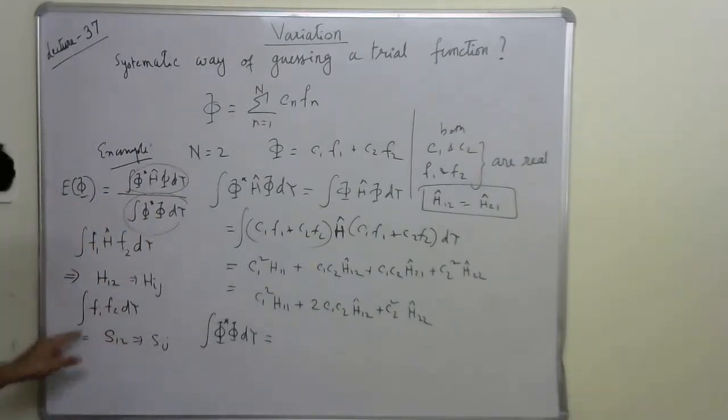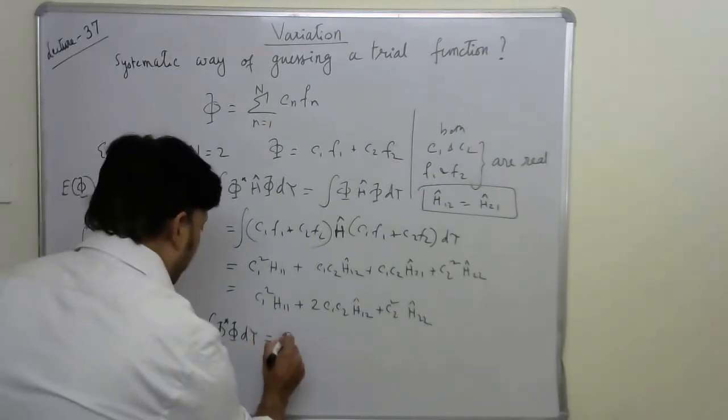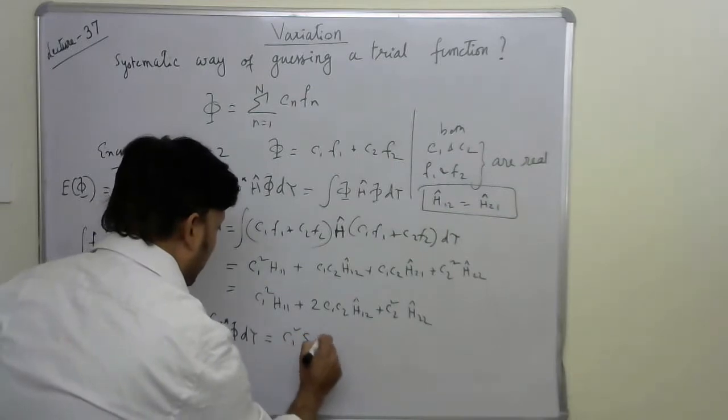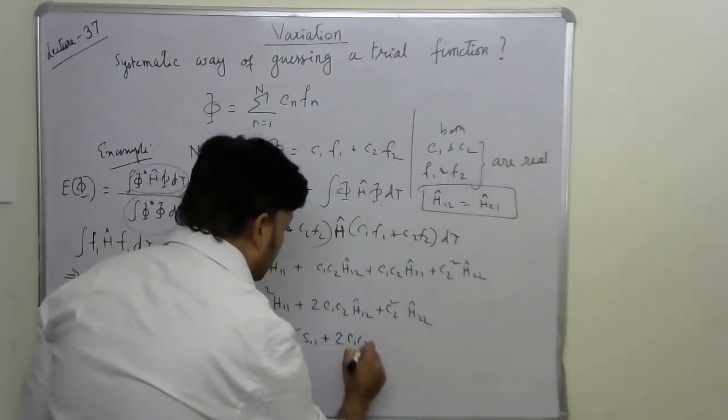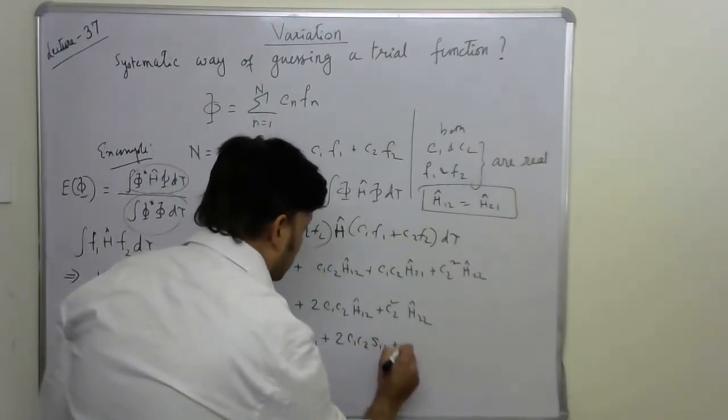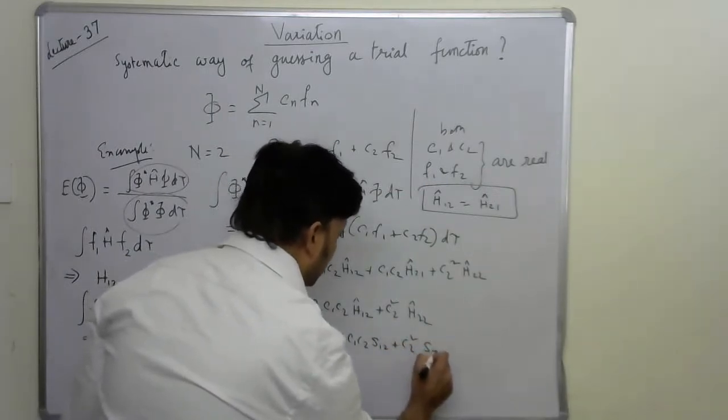As we have defined the matrix elements of integration like this, Sij, we can write the same thing as C1 square S11 plus 2 C1 C2 S12 plus C2 square S22.